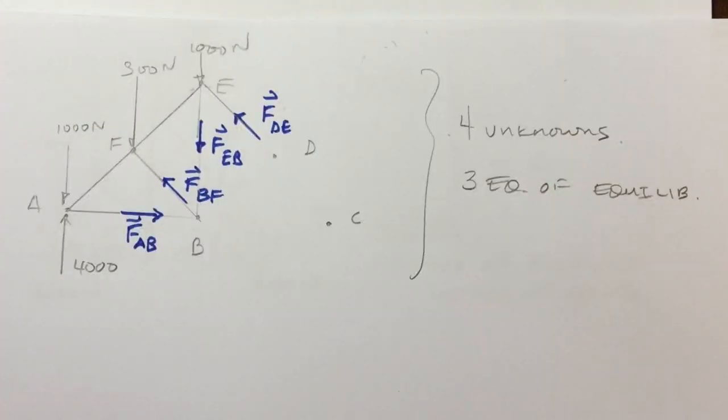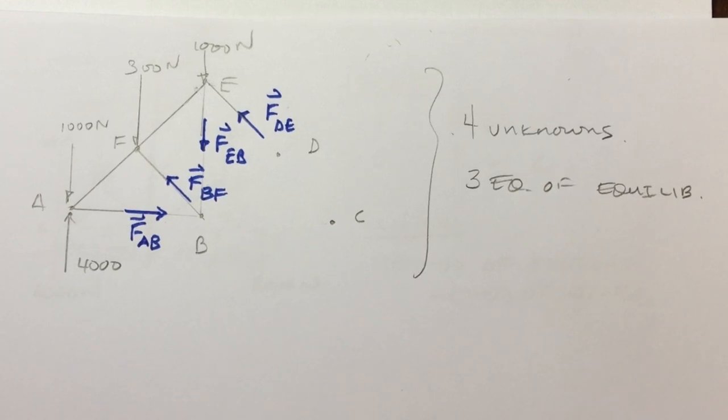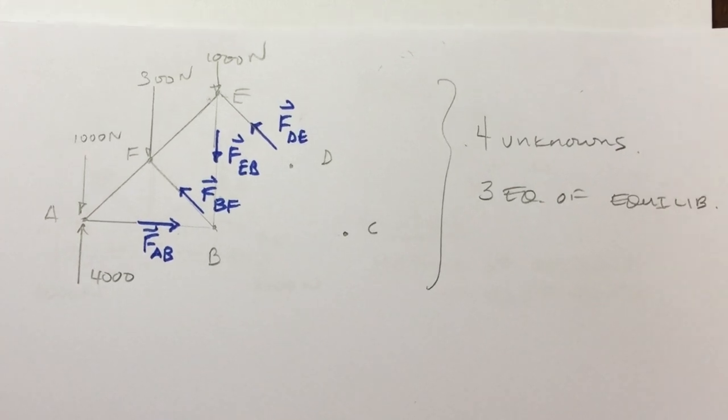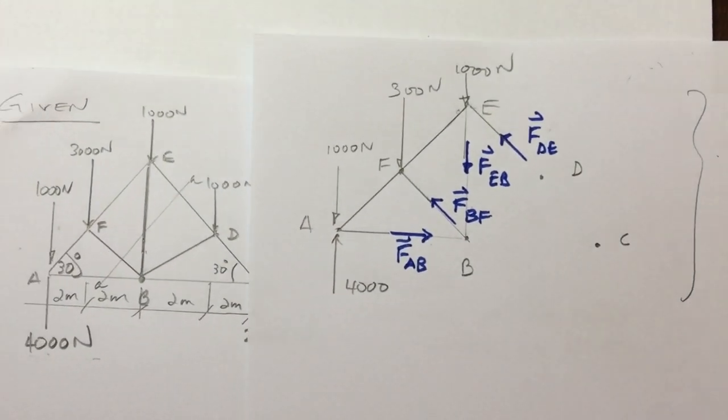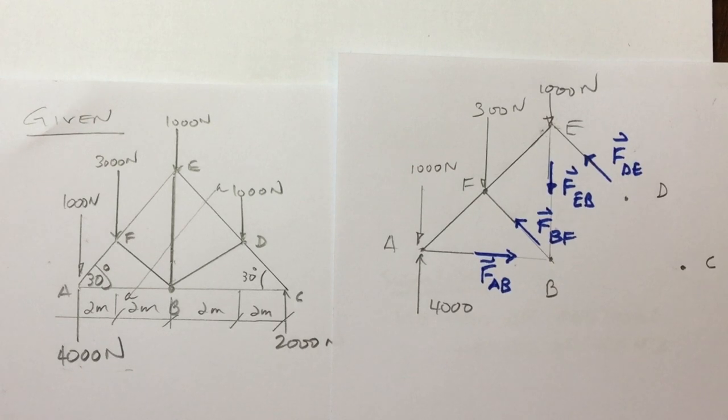And it seems like an impossible task. And with this free body diagram alone by itself to solve this problem, it is. So how do we overcome this? If we can draw another free body diagram, we have a way out. So let's see what happens if we select another free body diagram and how our analysis changes.